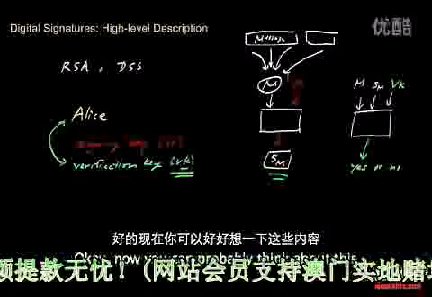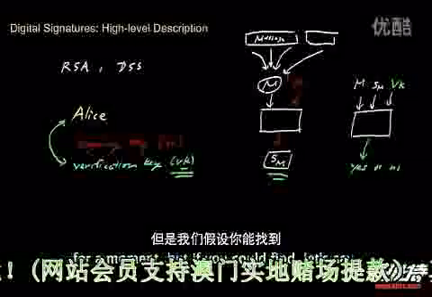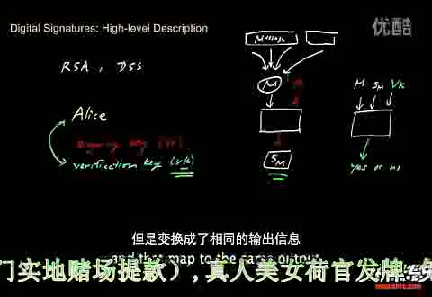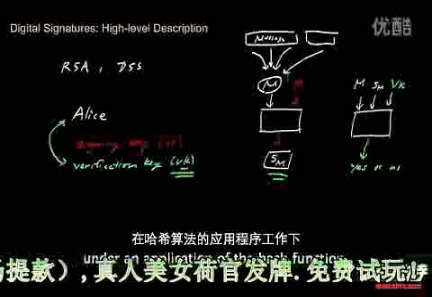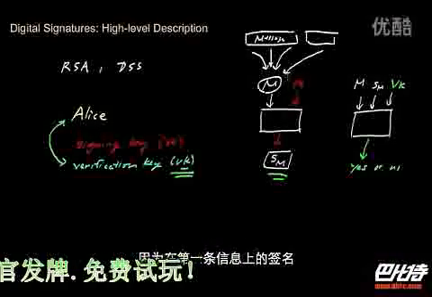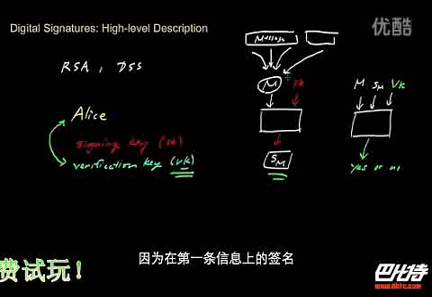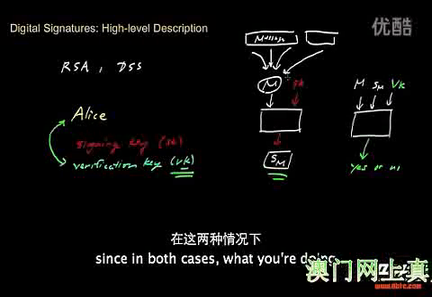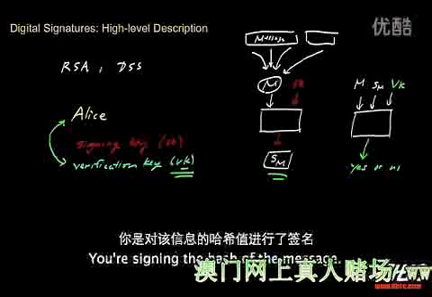Okay, now you can probably think about this for a moment, but if you could find, let's say, two input messages that are distinct and that map to the same output under an application of the hash function, that would lead to some bizarre problems, because a signature on the first message would then be identical to a signature on the second message, since in both cases you're not signing the actual message, you're signing the hash of the message.